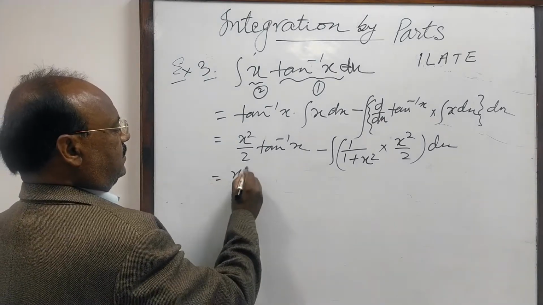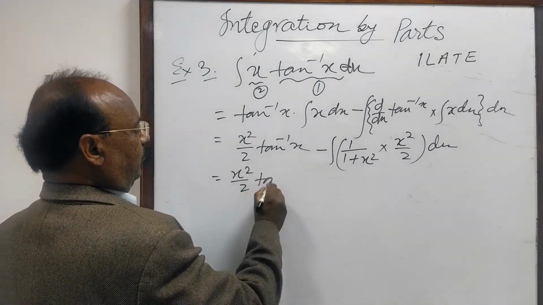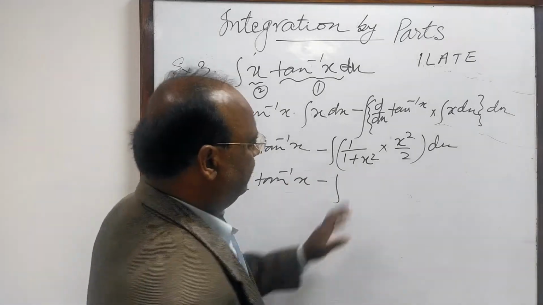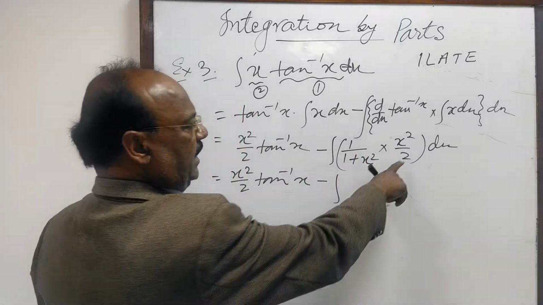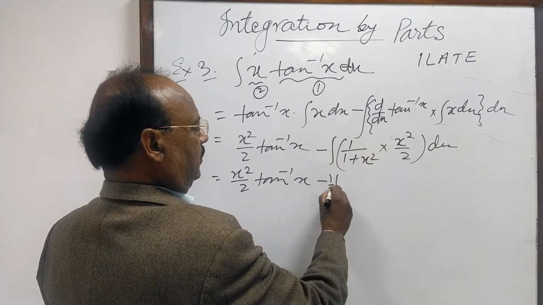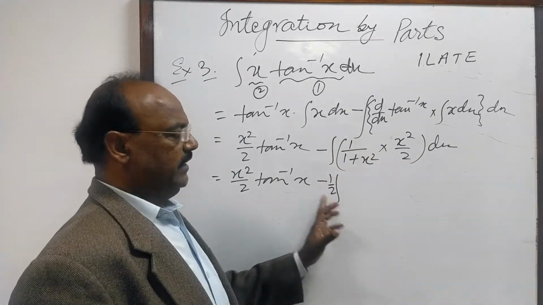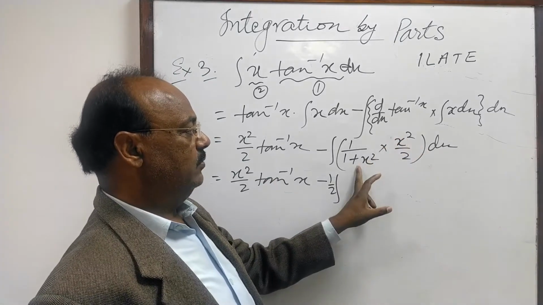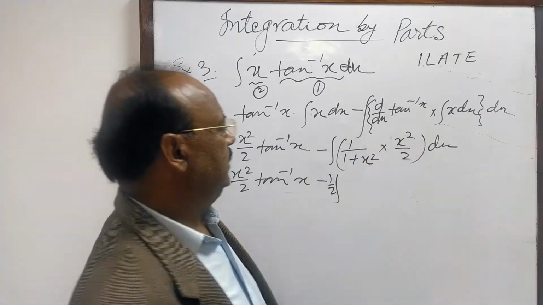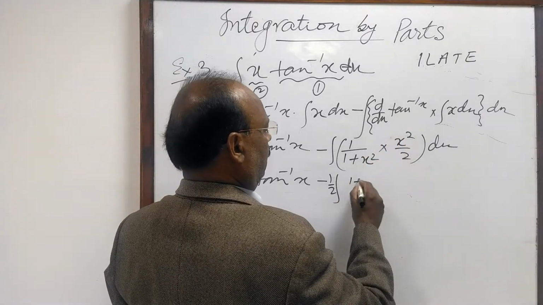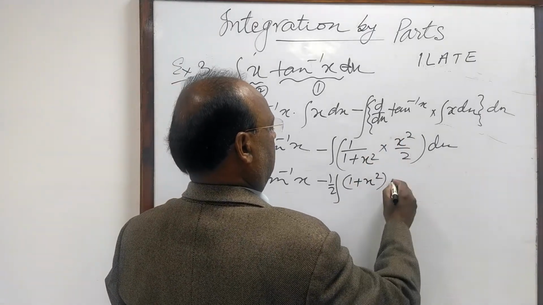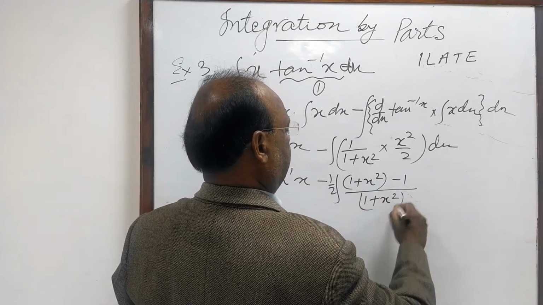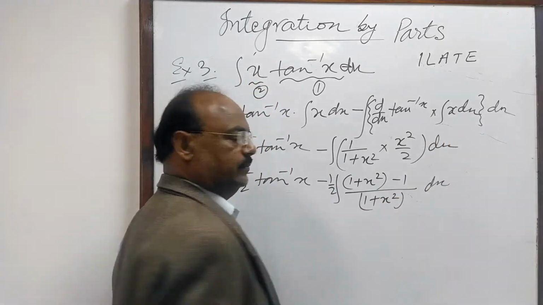And this is x square by 2 tan inverse of x minus, there is a very simple trick. You can write half before the integral sign, and the numerator is x square and the denominator is 1 plus x square. So this can be written as 1 plus x square minus 1 divided by 1 plus x square, dx.